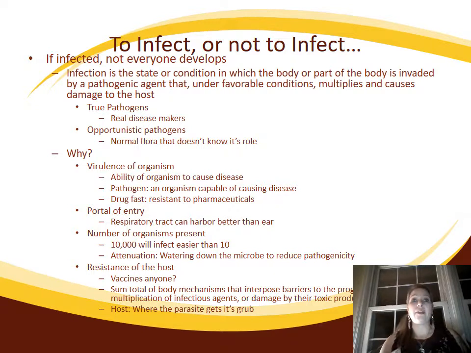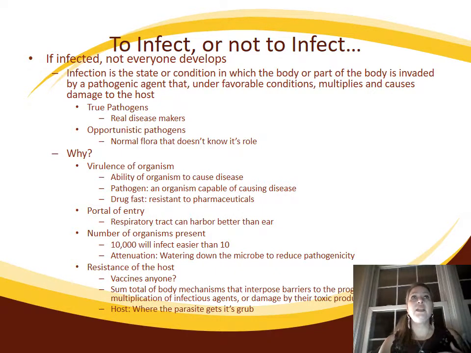So a true pathogen is going to be the type of pathogen that one would expect to actually cause illness in healthy individuals, whereas an opportunistic pathogen is going to be a pathogen that, generally speaking, a healthy individual would be able to resist or be able to fight off.